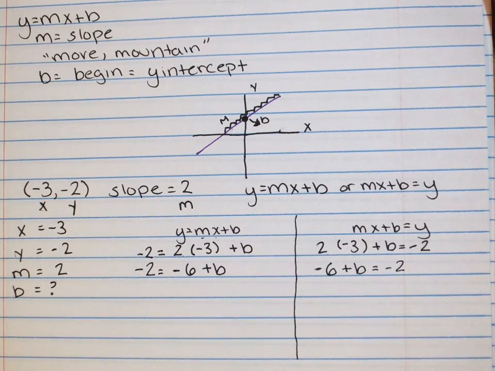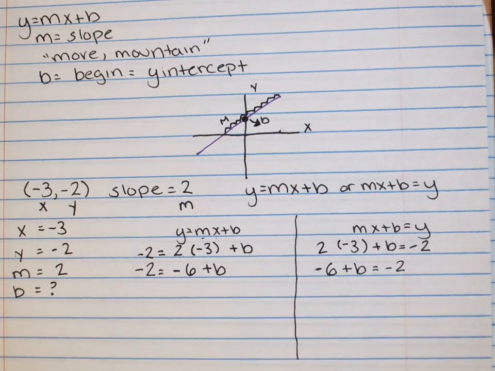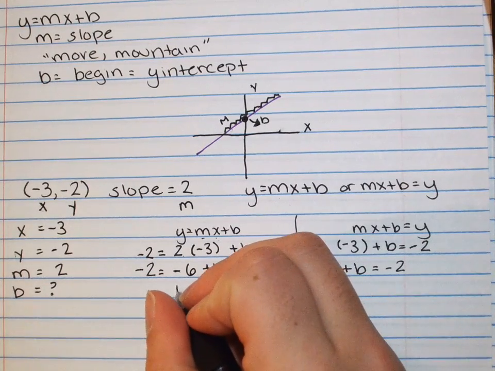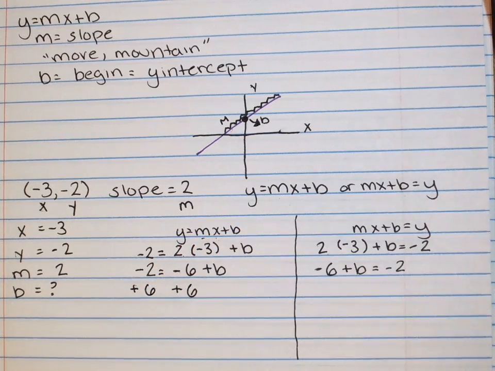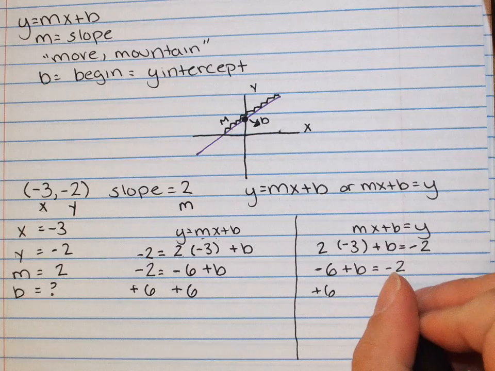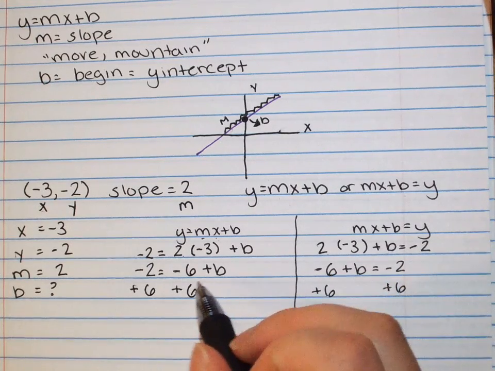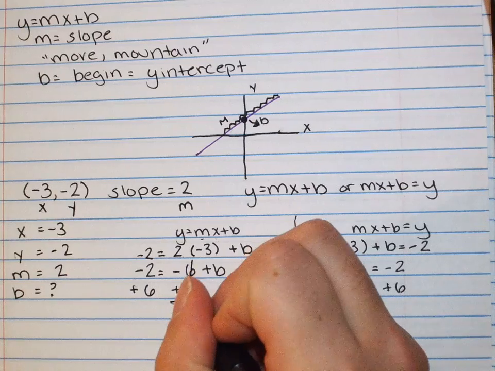Okay, so we're solving a one-step equation right now. Because this is negative, I'm going to add 6 to both sides of my equation. And the reason I'm going to add 6 is because when I add -6 and +6, I get 0.